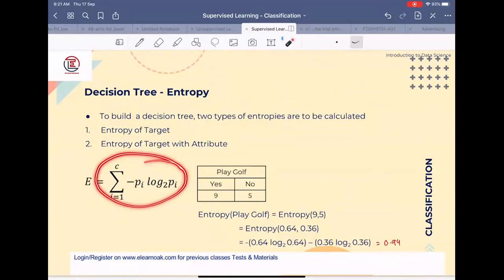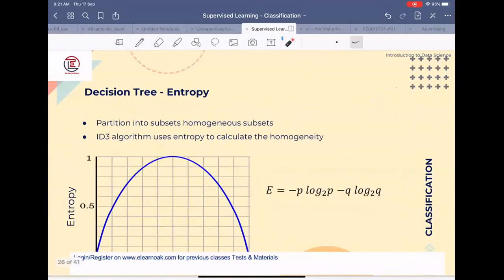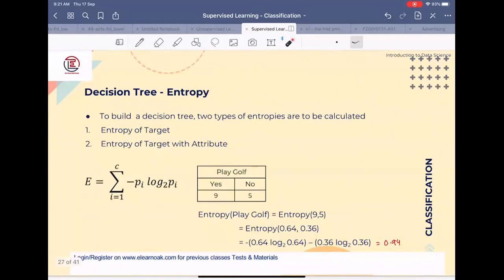This is the formula for entropy. It is the same formula as here, where we just had two classes, P and Q. But in a more standard way, if I have C number of classes, my entropy will go from minus P1 log to the base 2 P1, minus P2 log to the base 2 P2, minus P3 log to the base 2 P3, and so on.